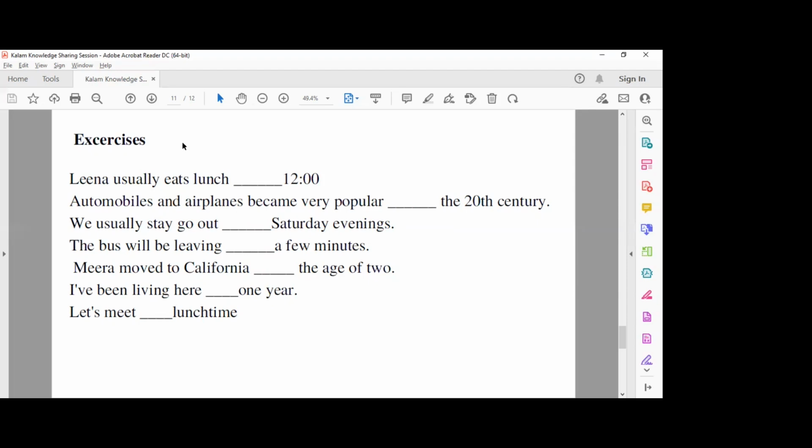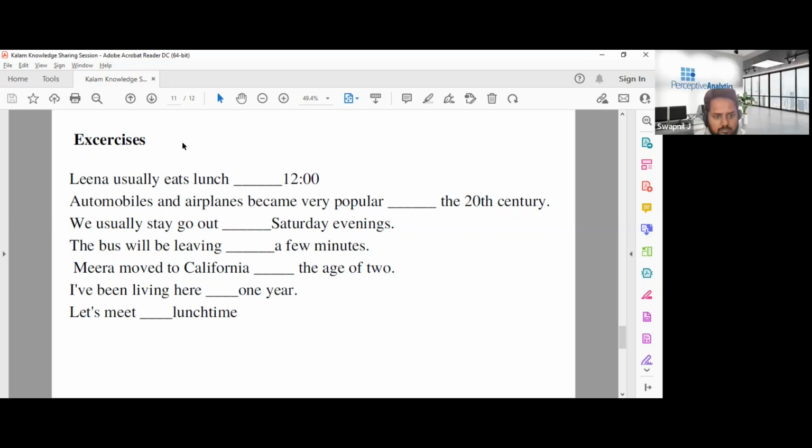The third one: we usually go out dash Saturday evenings. On.